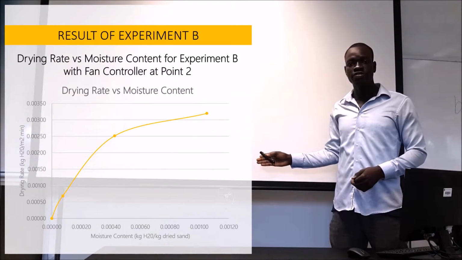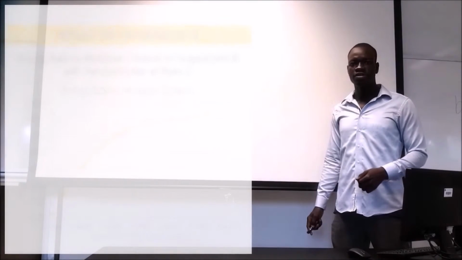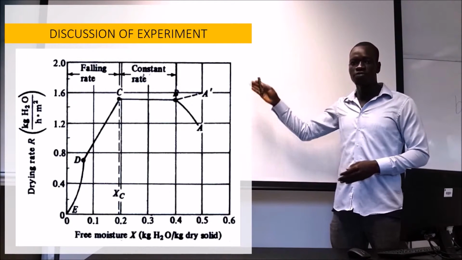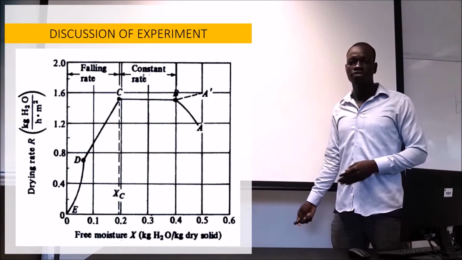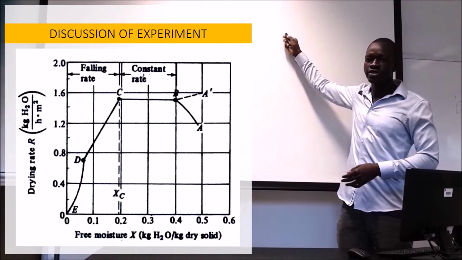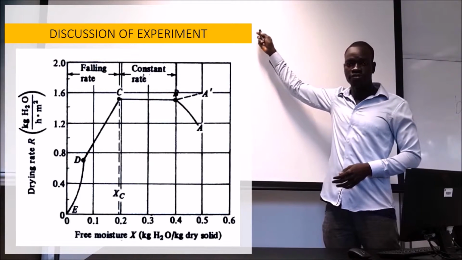Reason being, the air velocity increases the rate of the drying. Next is the discussion part based on the graphs that you have just seen. Starting from point A, as you can see up there, the drying rate increases.